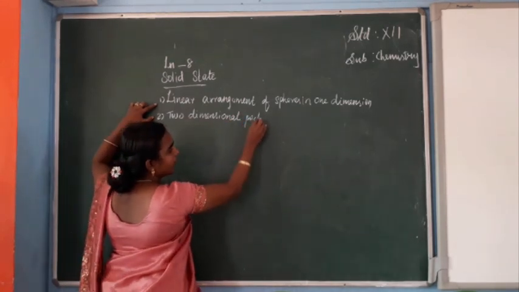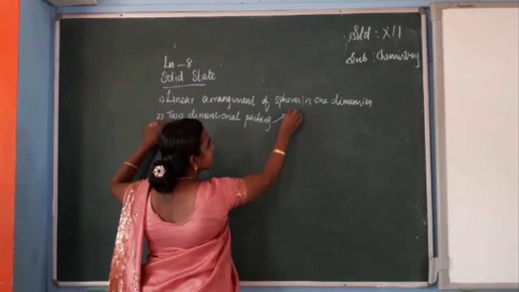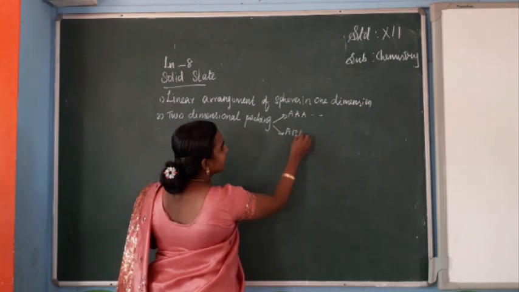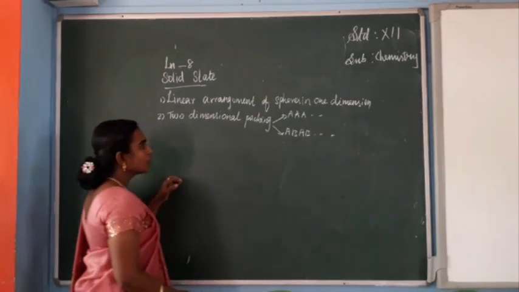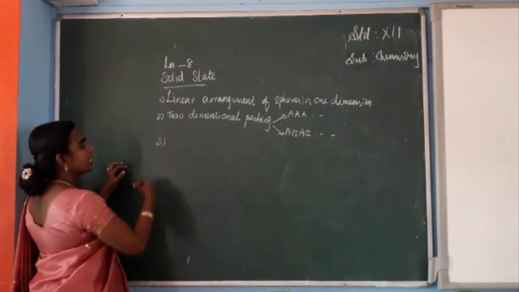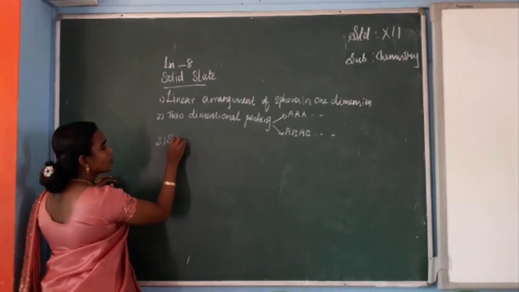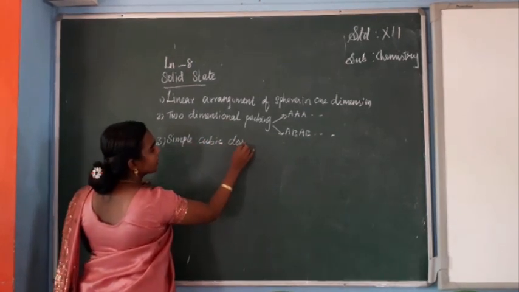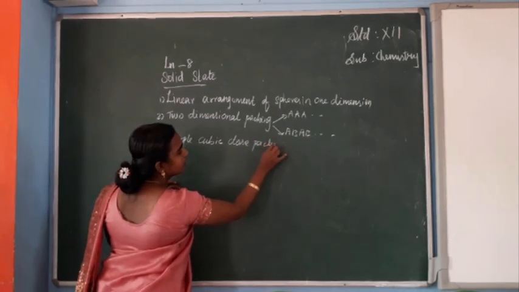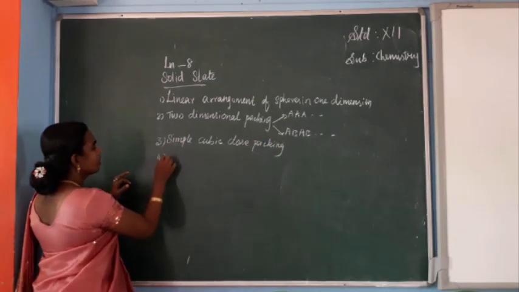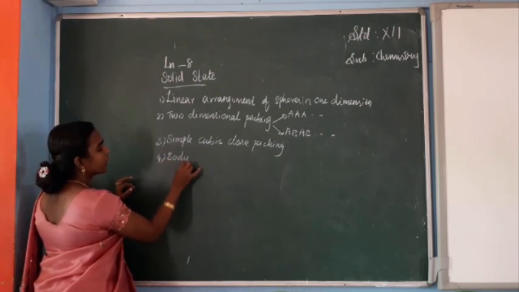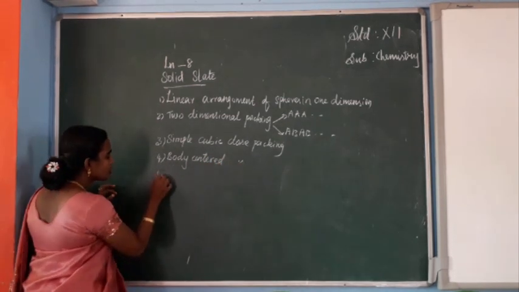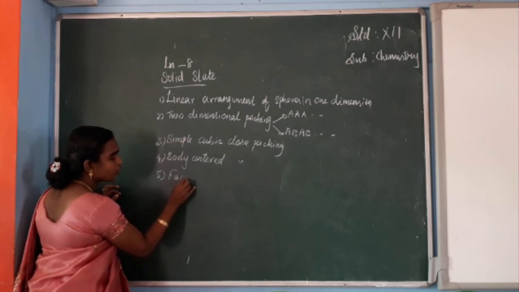Two-dimensional packing can be done in two ways, that is A type and AB type. Next is simple cubic close packing, then body-centered cubic close packing, and next is face-centered cubic close packing.